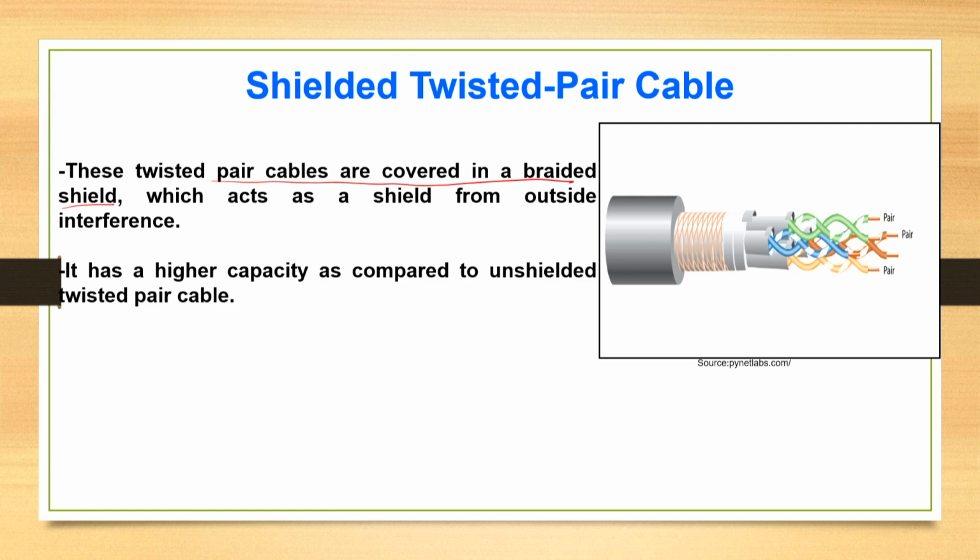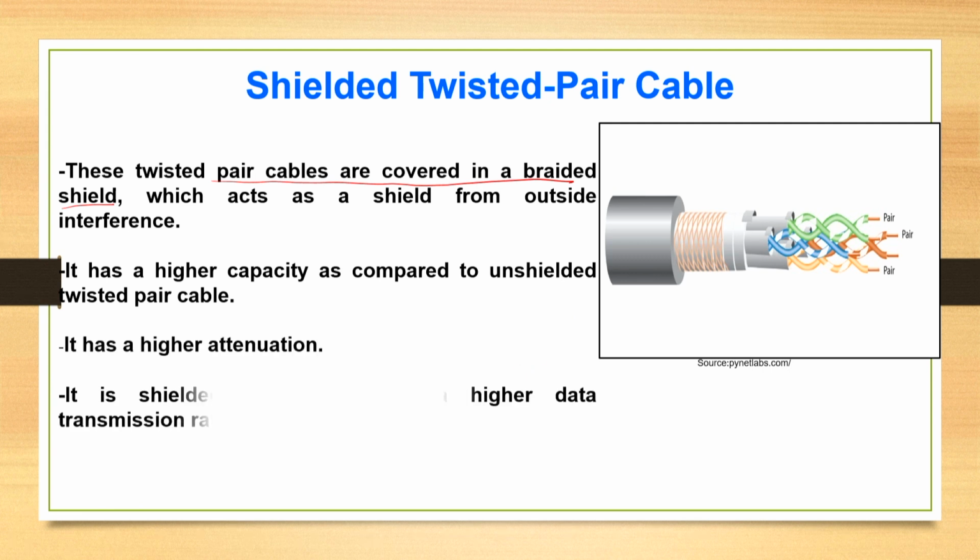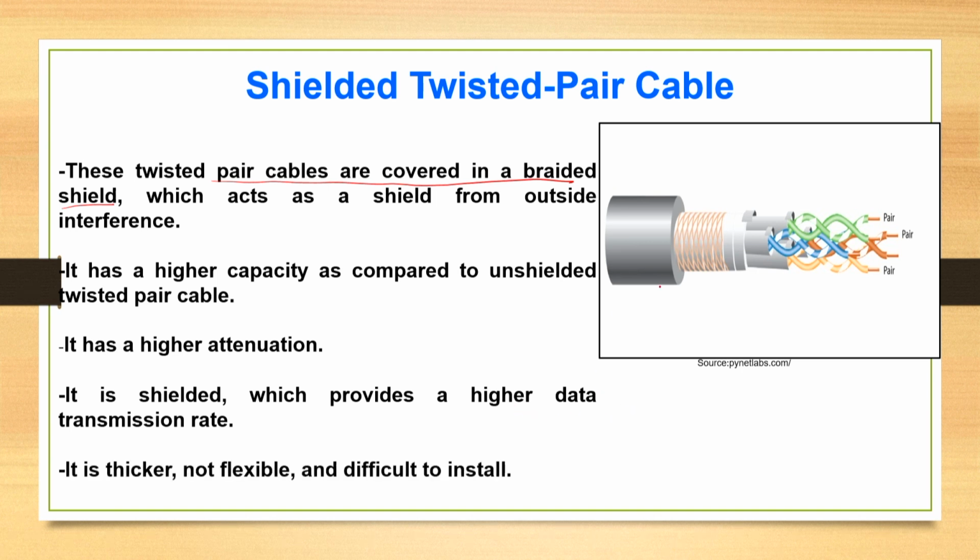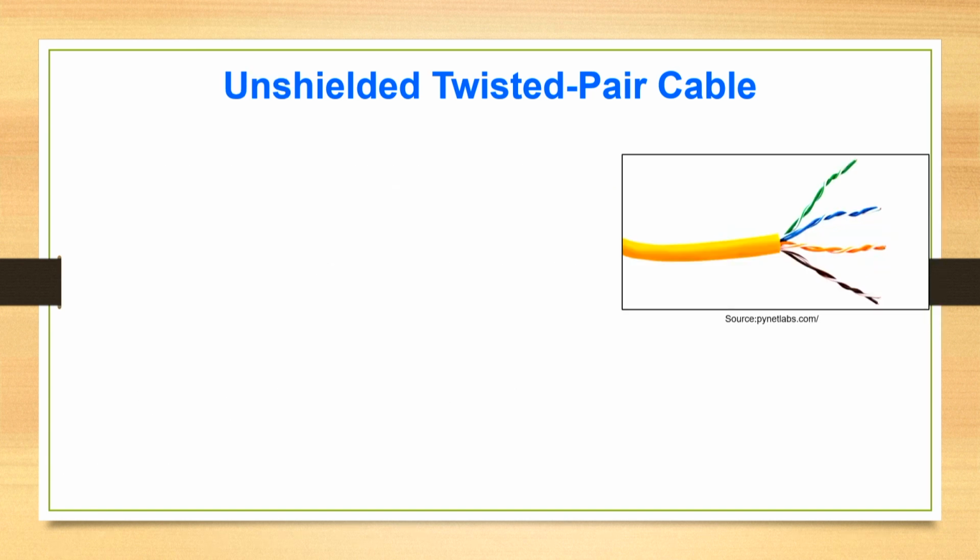It has a high capacity as compared to unshielded twisted pair cable. It has a higher attenuation and it provides a high data transmission rate, and because of this shield it is thicker, it is not flexible, and this makes it difficult to install.